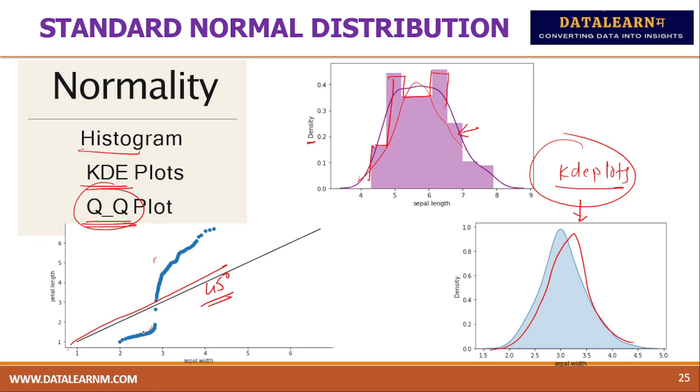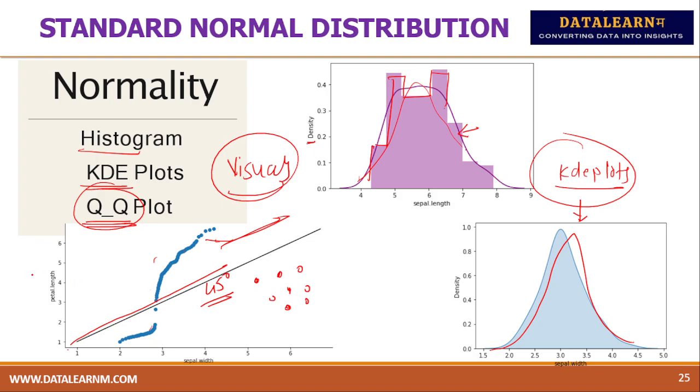If some points are below that line and some points are above that line, we can say it's following the normal distribution. But if data points are only above, or only below, then there is some skewness, some distortion. That conclusion we can give. So these are some visuals we can use in order to check the normality of our data.